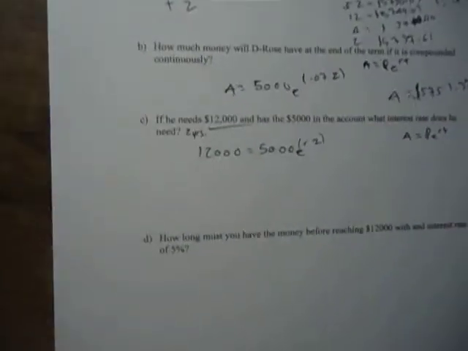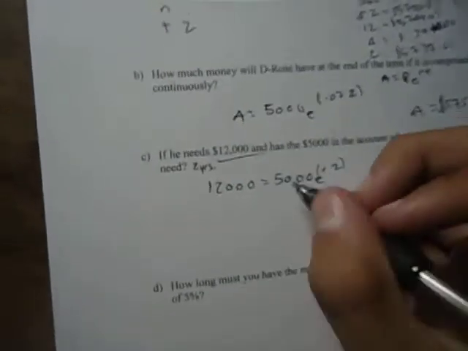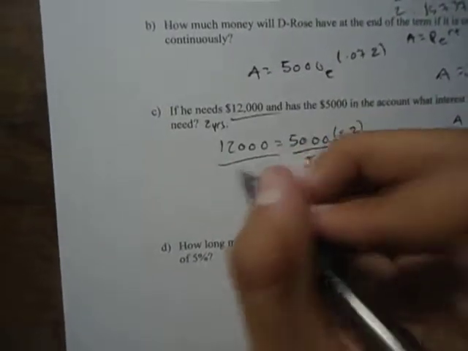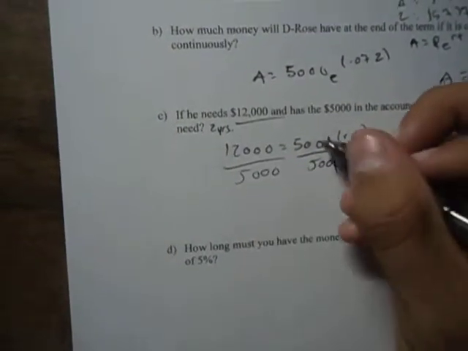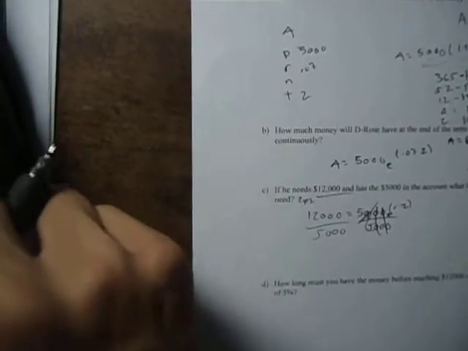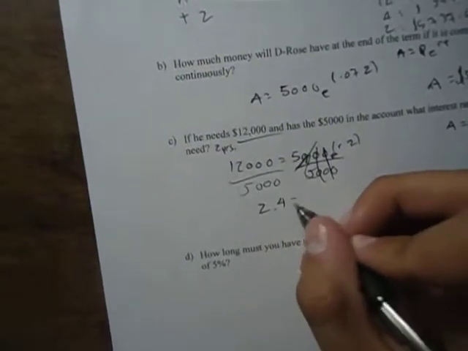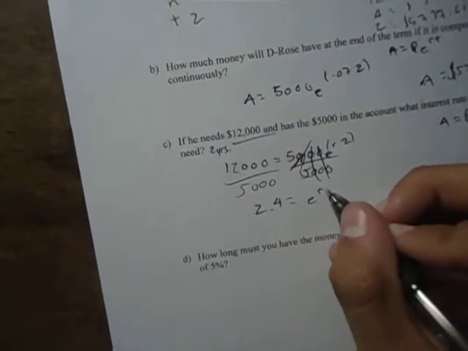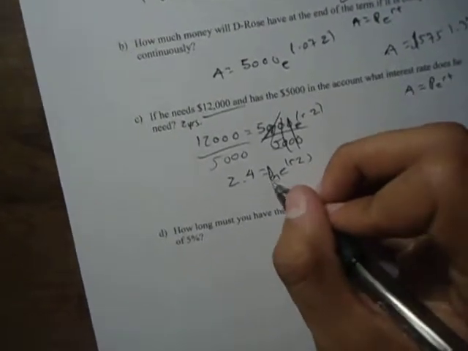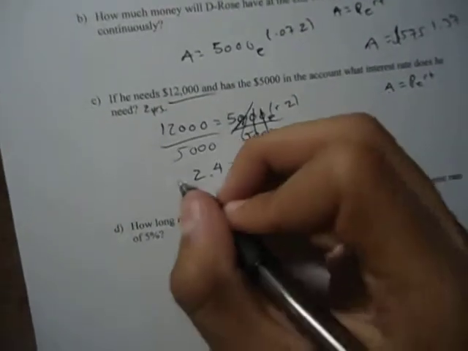We want to get r by itself, so 5,000 divided by 5,000 cancels, and 12,000 divided by 5,000 is equal to 2.4 equals e^(2r). And we want to take the natural log of both sides. That cancels because ln of e is just equal to 1.